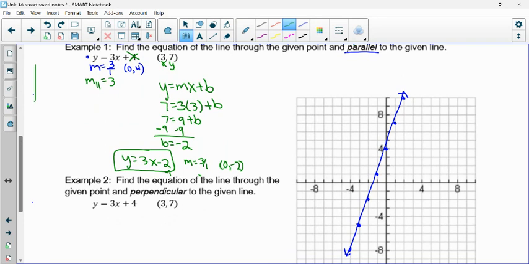So I'm going to start at 0, -2, and go up 3 over 1. And we can also go down 3, left 1.